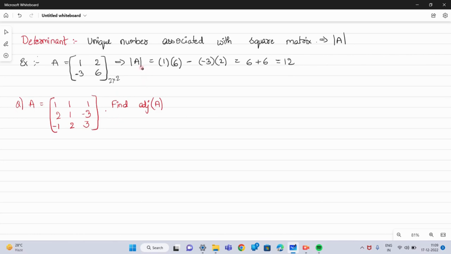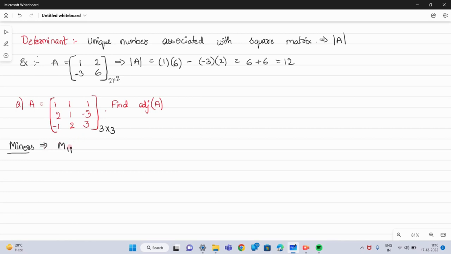This concept is important to find the adjoint of a 3 cross 3 matrix. So let's take an example. A matrix A is given of order 3 cross 3 and we need to find the adjoint of it. I already told you, first we need to find the minors. The steps are the same, but the determinant concept is involved in the 3 cross 3 matrix.